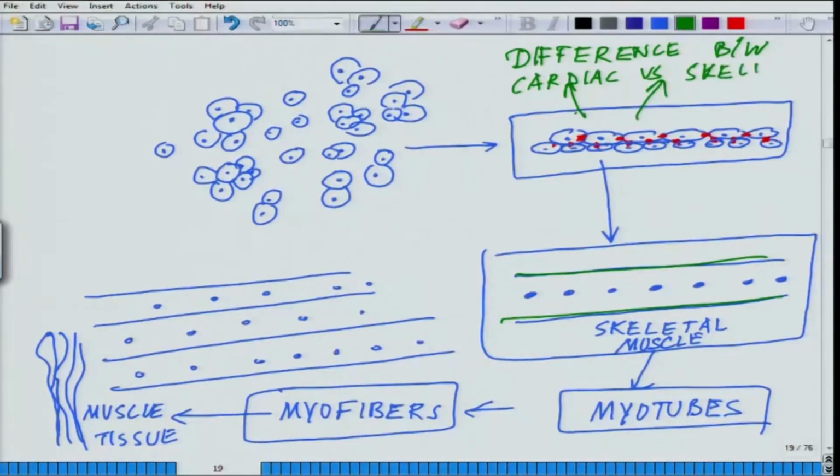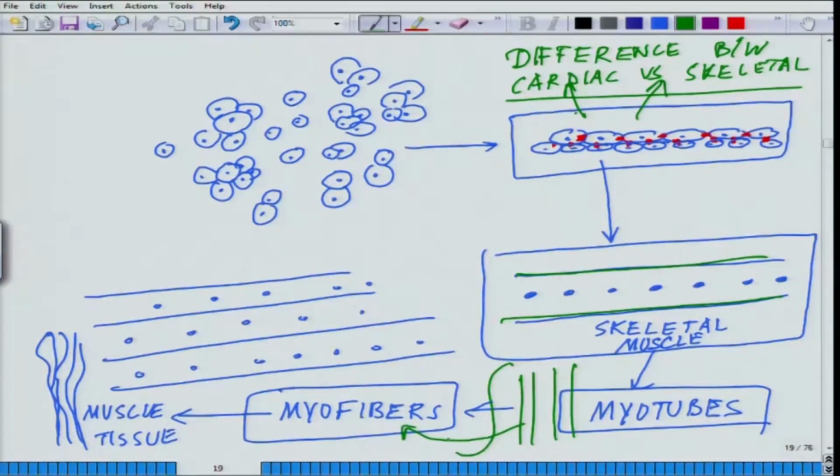This I want you to really look at carefully for the structure. Then we talked about the myotubes, and the individual myotubes coming close together to form myofibers, and the integration of these myofibers forms the muscle tissues, what you see in your hands, legs, and all over the body.